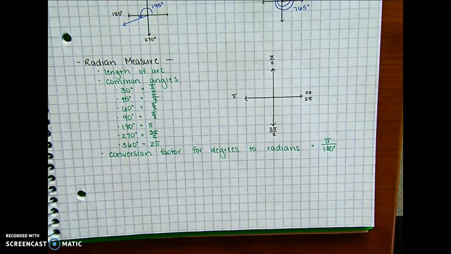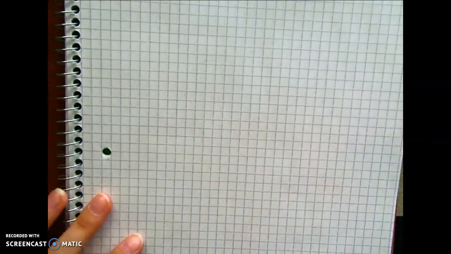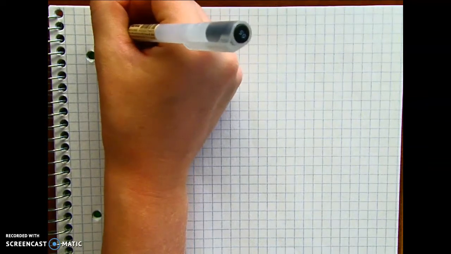Okay, and let's just do one example of standard position in radians. Now, you have to be careful because your instinct is going to be to convert it to degrees, and we do not want you to do that. We want you to keep it in radians and get used to radians.